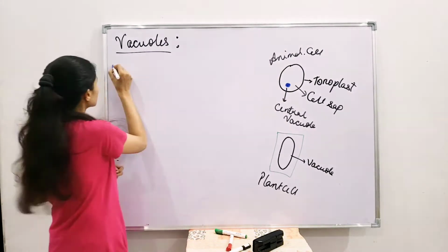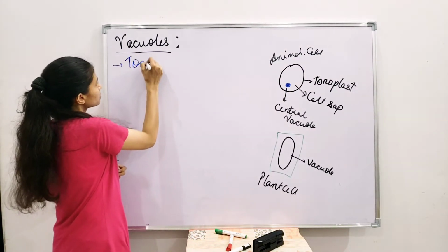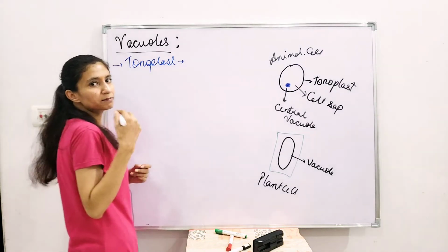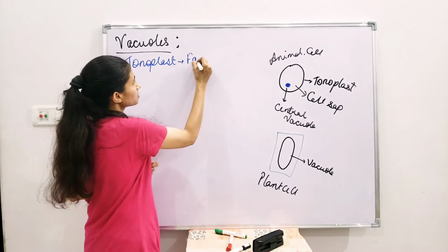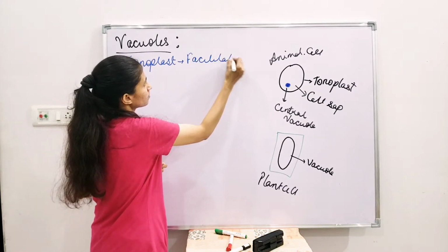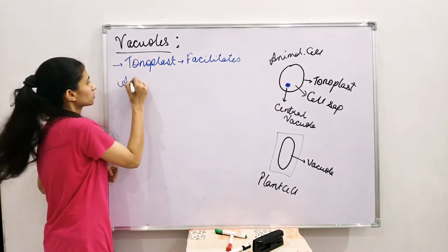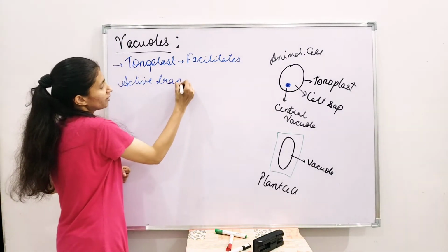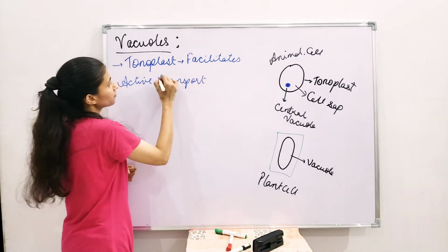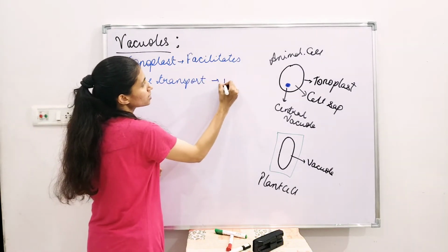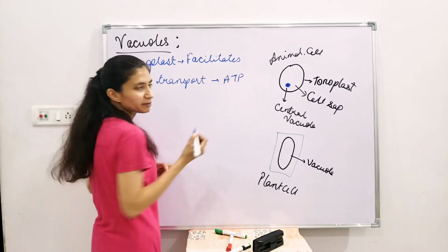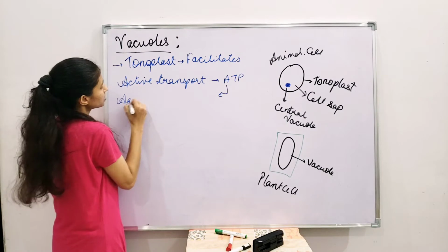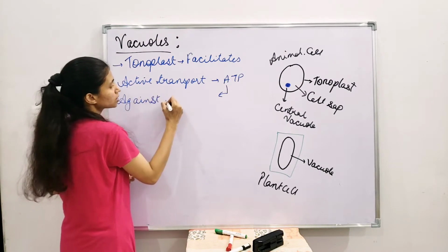The tonoplast, the membrane, especially in plants, facilitates active transport. Active transport itself suggests that it will use ATP, and it will always be against the concentration gradient.